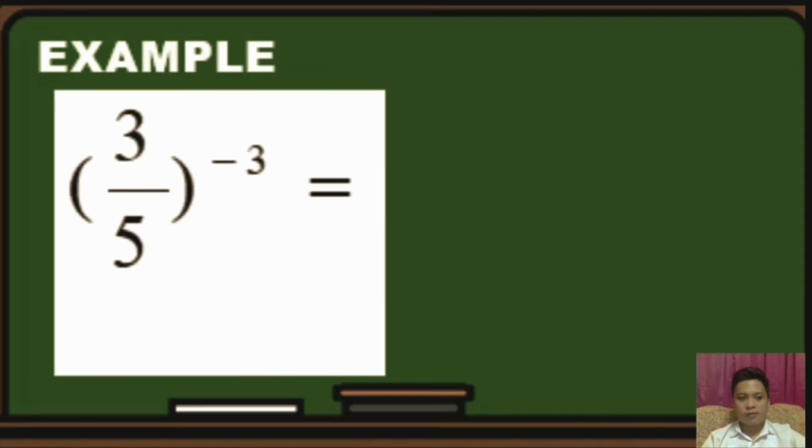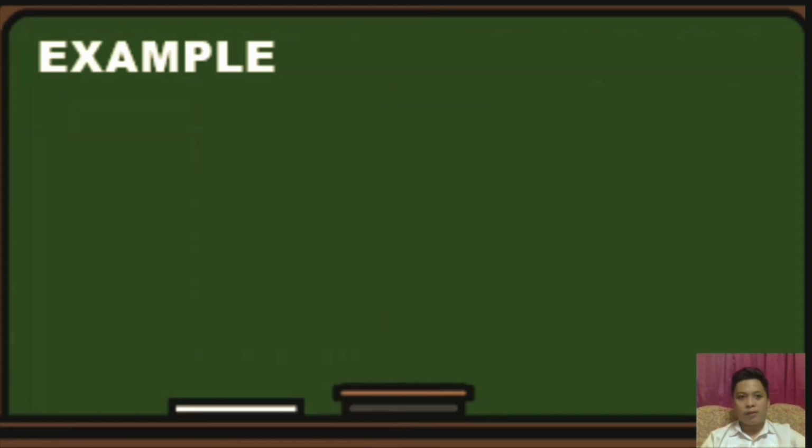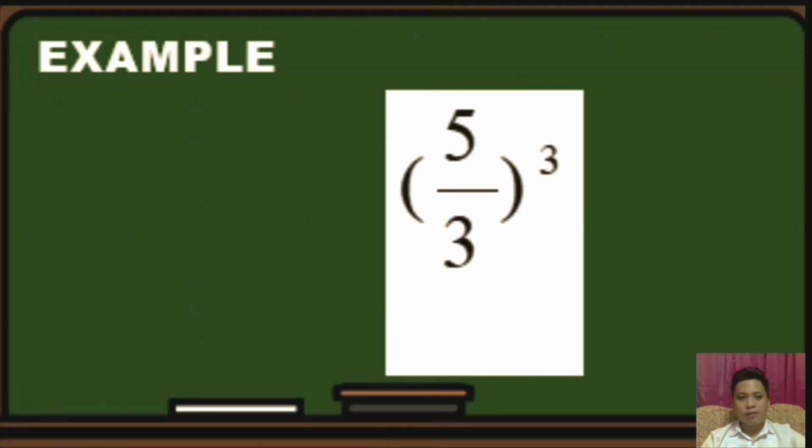Another example, the quantity 3 over 5 raised to negative 3. So in this example, we will just get the reciprocal of 3/5. And the reciprocal of 3/5 is 5/3. Then change the sign of the exponent so it will become positive 3.